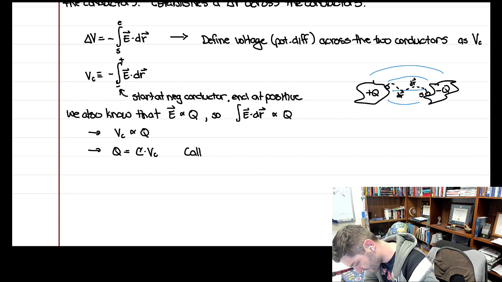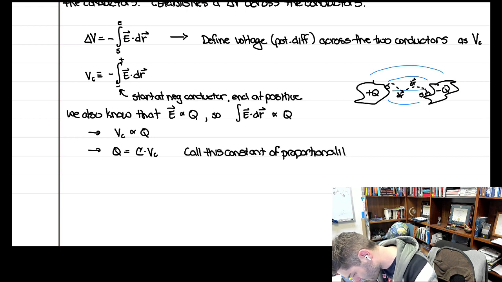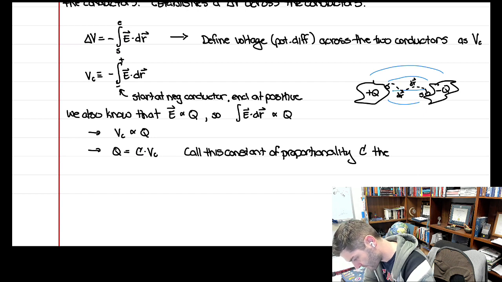We call this constant of proportionality the capacitance.